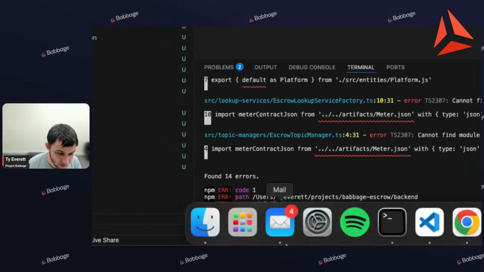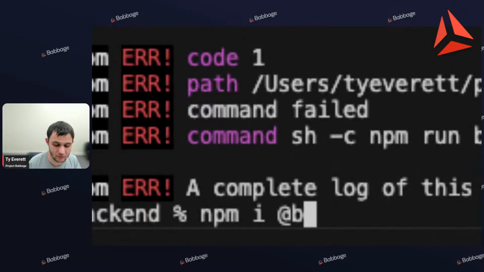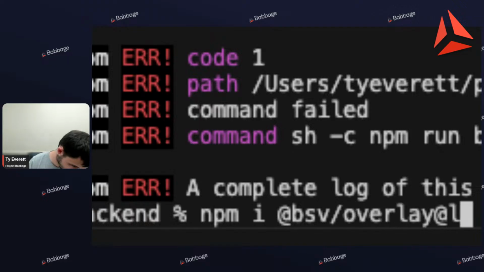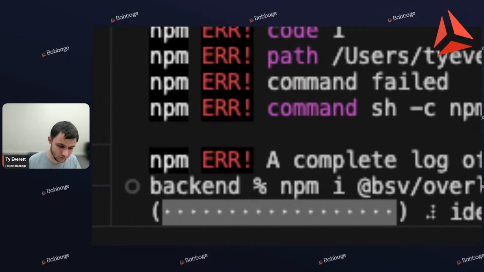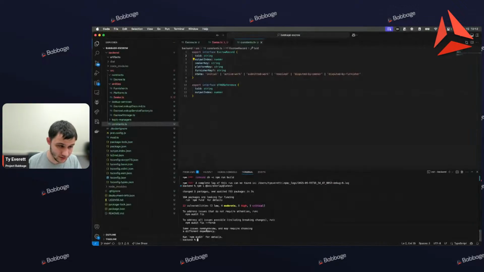One thing we need to do as well is install the latest version of overlay services.